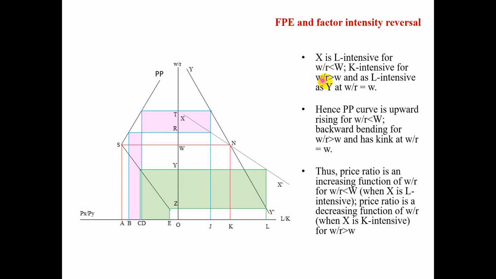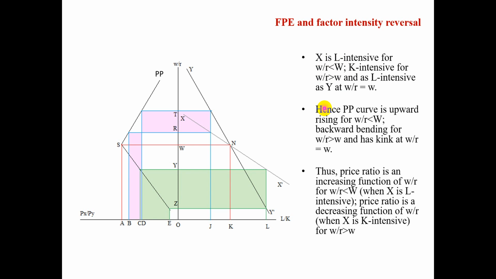So if the actual wage rental ratio is less than W, then X is labor intensive, and if the actual wage rental ratio is greater than W, then it is capital intensive. And if W by R is exactly equal to W, the critical wage rental ratio, then both the commodities are equally labor intensive.